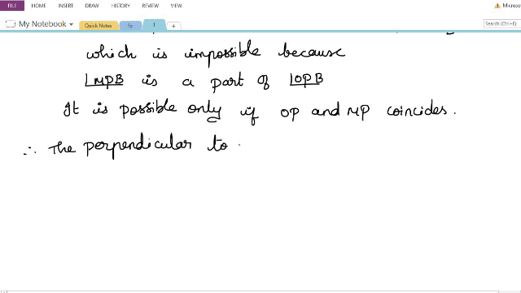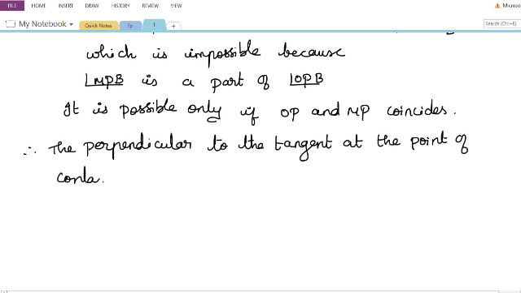to the tangent at the point of contact passes through the center.